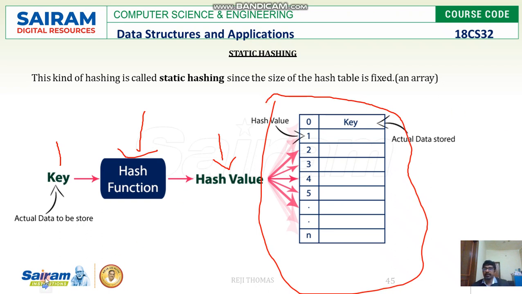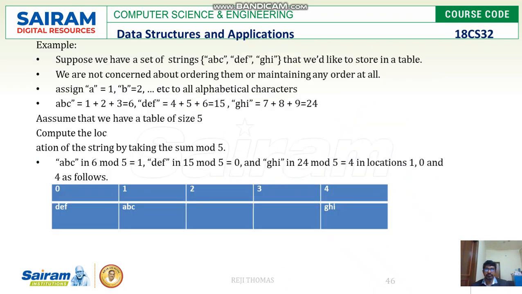This is the actual data to be stored. We use a hash function, which gives you the hash value, and the hash value varies from 0 to n, and this is the actual place where we are going to store it. If you look at this diagram, you can see that the hash table is fixed, we cannot change it. If you use this kind of technique, we call this static hashing.